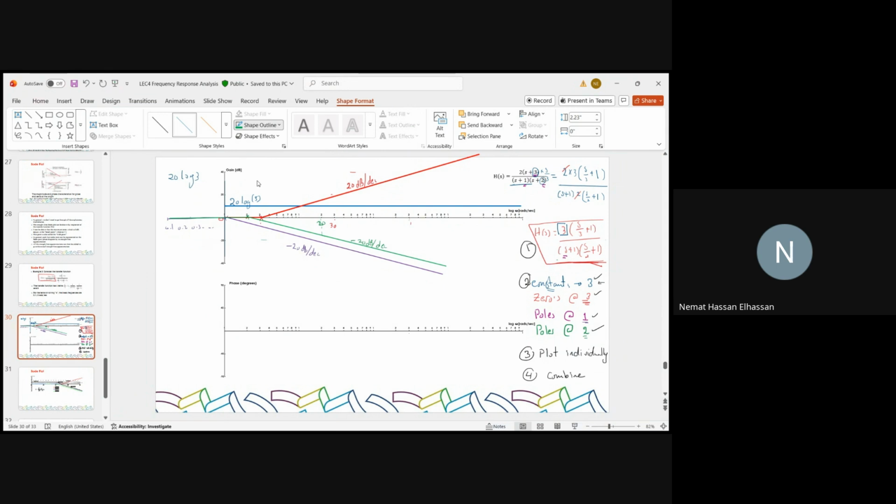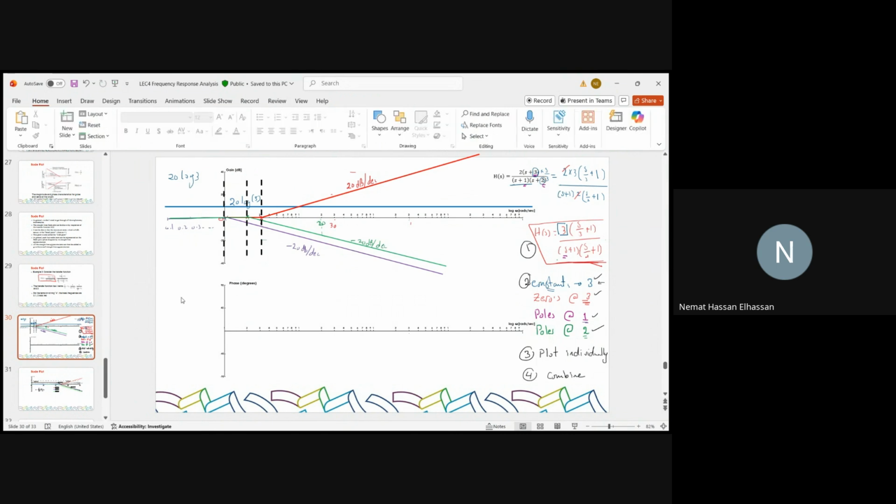Let's make it black, very thick compared to the others so it will be visible, and dotted. So we have a point of change at 1, a point of change at 2, and a point of change at 3. And all of this is continuous.